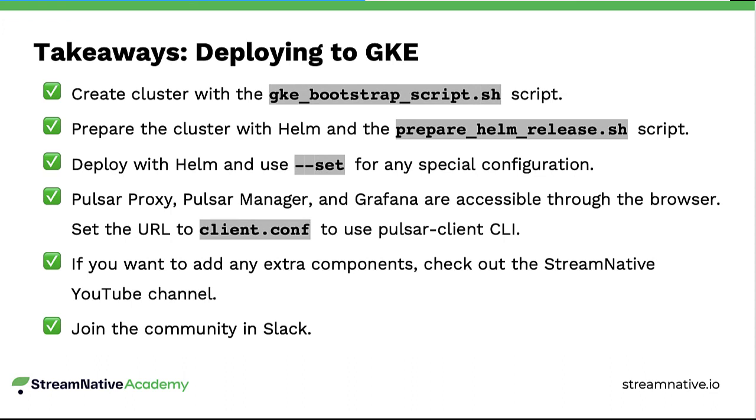In GKE, the proxy, Pulsar Manager, and Grafana are already exposed and we can access them through the browser. Setting the proxy URL into the Pulsar client configuration, we can use the Pulsar client CLI or any script as usual. If you want to add any extra components, there is plenty of material in the StreamNative YouTube channel.